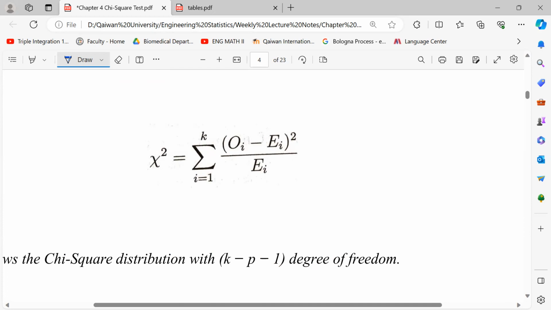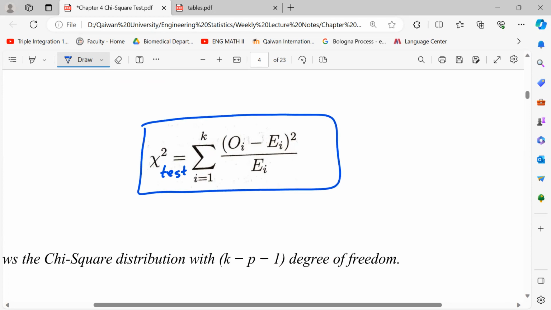The chi-square test statistic is the sum of Oi minus Ei, all squared, divided by Ei. If you have 6 different outcomes, you have O1 up to O6 and E1 up to E6.